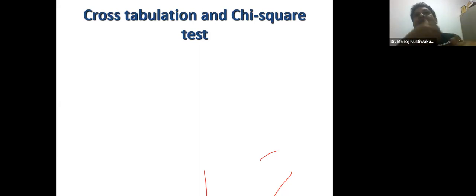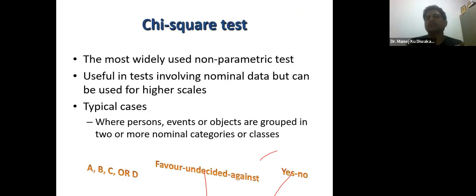But this will only give you the idea. It will not show whether there is really a good association between these two categories or not. That can be tested with the help of the chi-square test. Okay, so chi-square test is the non-parametric method which is very commonly used for categorical or nominal data. It is a useful test involving nominal data, but can be used for higher scales too, meaning other types of data you can use.